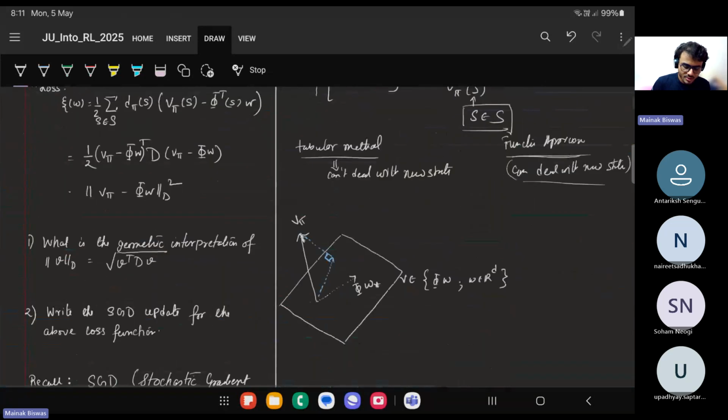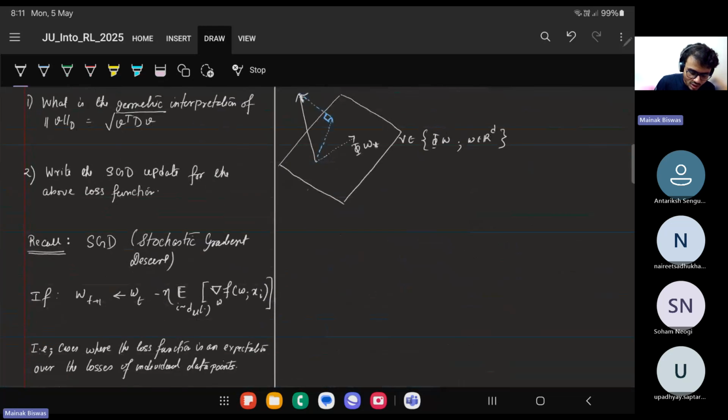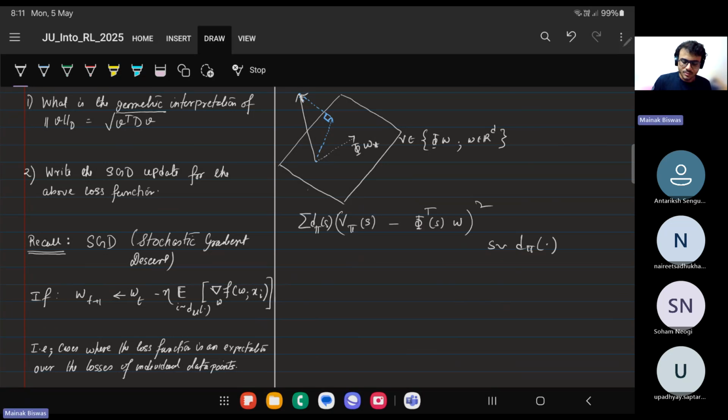Do you remember? How did we try to learn the weights W? So we said that the squared error must be minimized. Yes or no? Where S is sampled from d pi and W is the vector, right?